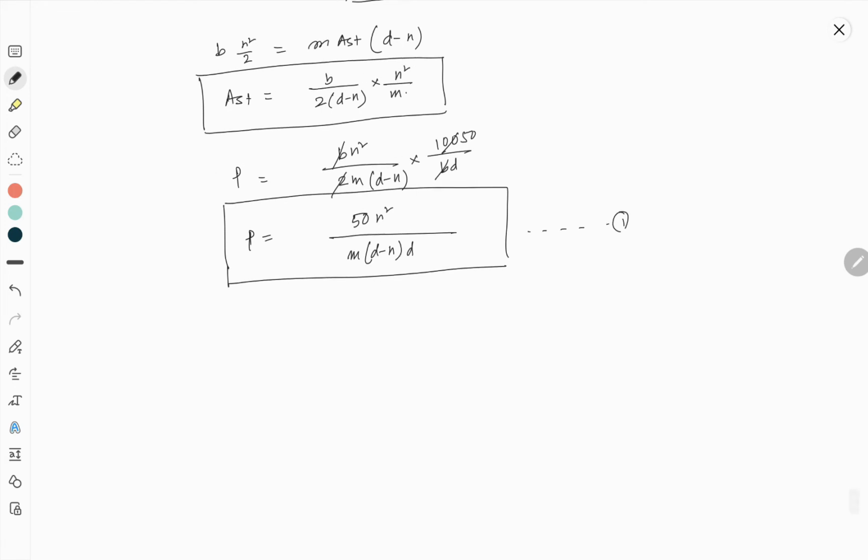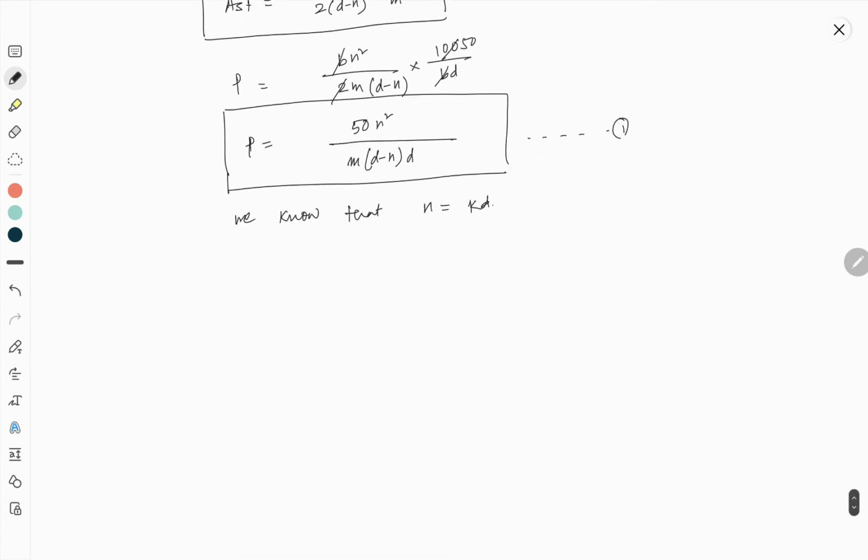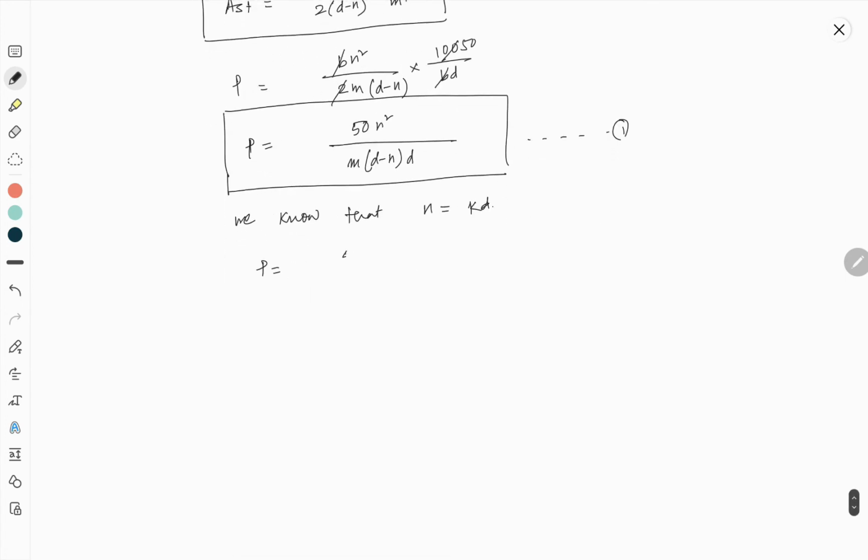Why? Because we know that n equal to kd, then p equal to 50 k square d square by m (d minus kd) into d.